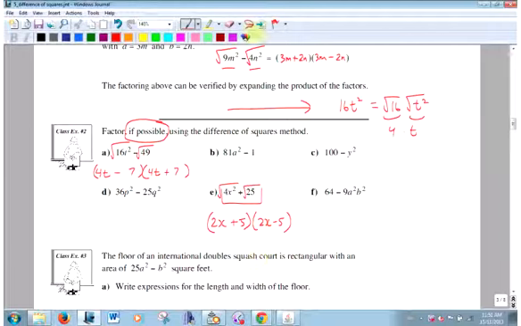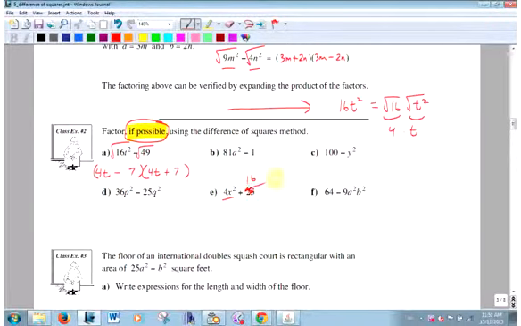If possible, that is not a difference. It's a plus. You can't do anything with that. Maybe in some cases you would be able to take out a greatest common factor, right? Hey, maybe I'll make that a 16. I could factor this, but not into two binomials.